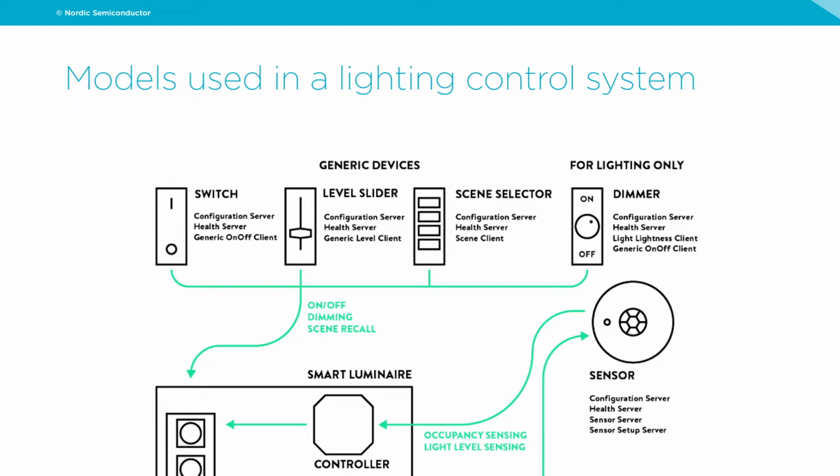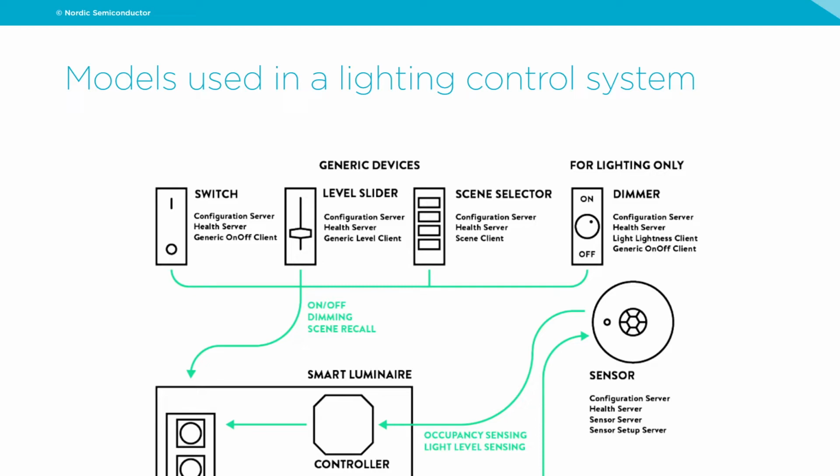A scene can define on-off or dim level or color temperature and so on. With the scene client, you can do scene recall. So just with one button, you can go from I am working to I want to relax from a button panel. Or you can have a dimmer switch where you can do both lightness or on-off, so you can switch it on and off or decide on the output level.